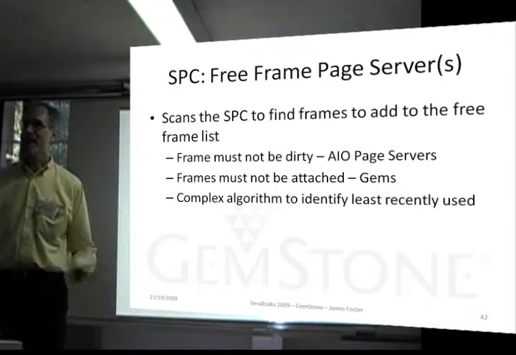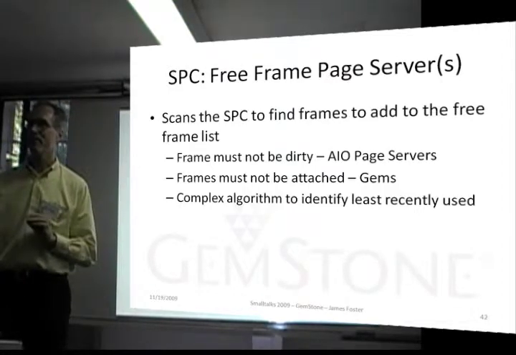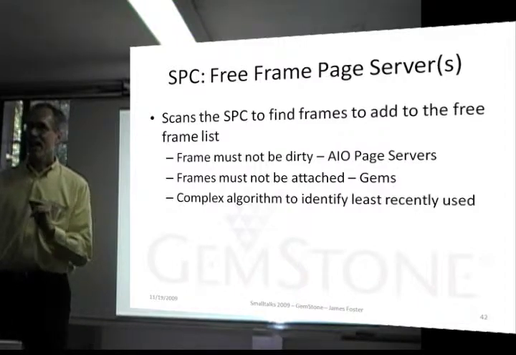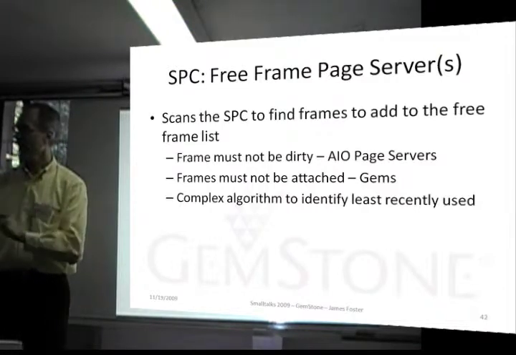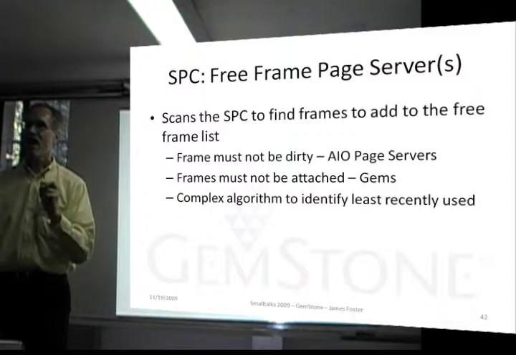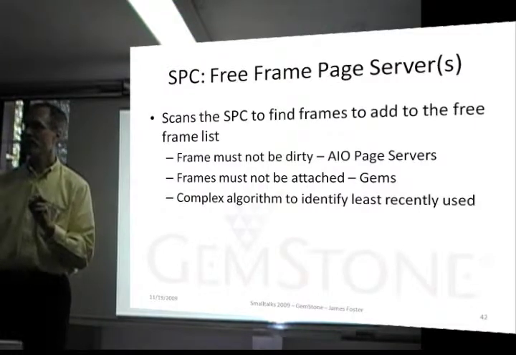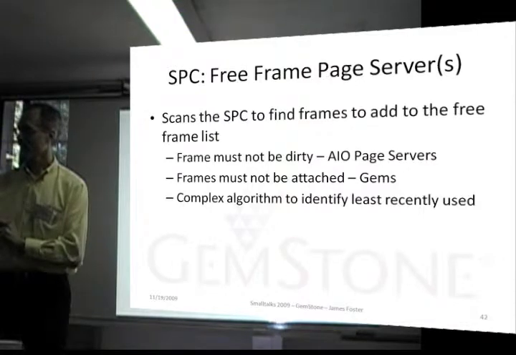The question is, why separate the AIO page server from the free frame page server? And the answer is that it could be combined, in the sense that they're both looking at the shared page cache. But the AIO page server is spending most of its time waiting for the disk.